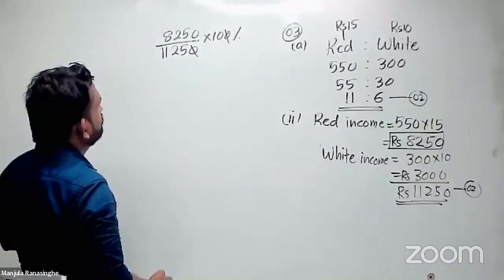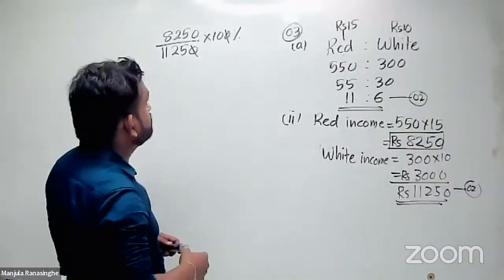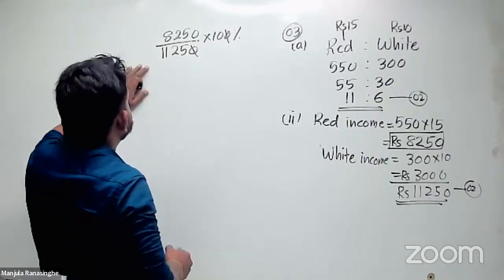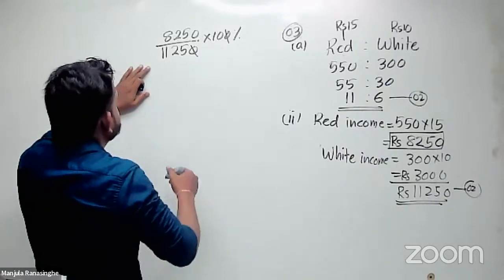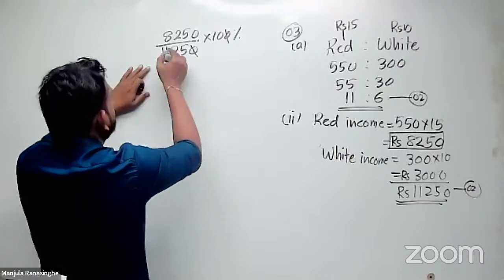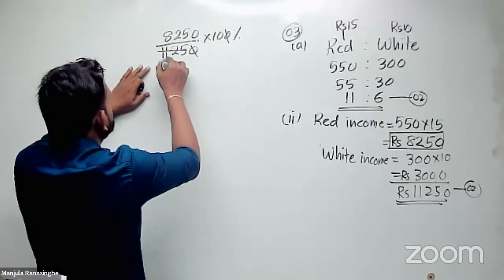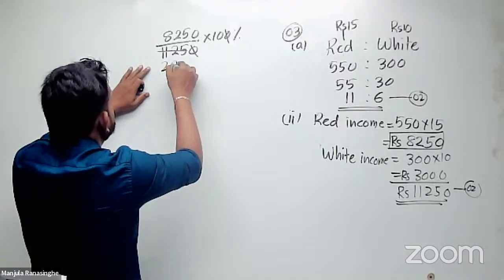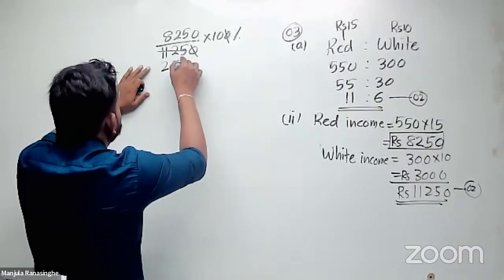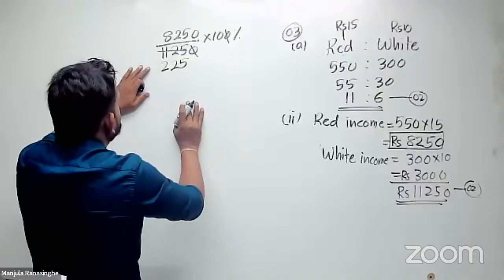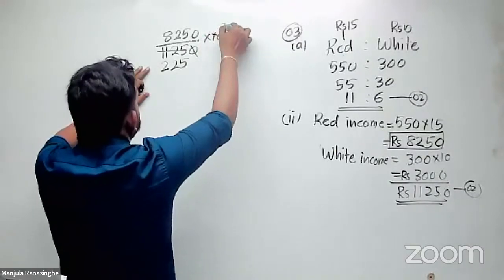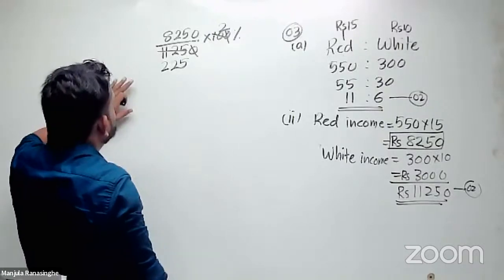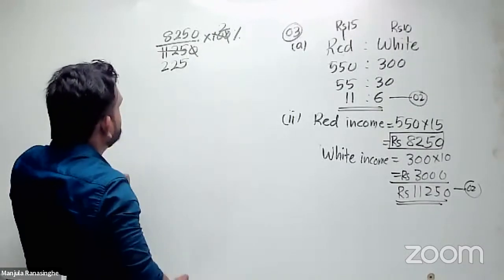Then check how the simplification is done. So 5, 2, 10, 1 remaining, 12, 5, 2, 10, 2 remaining, 5, 5, 5, 2, right? Then 225 into 825.